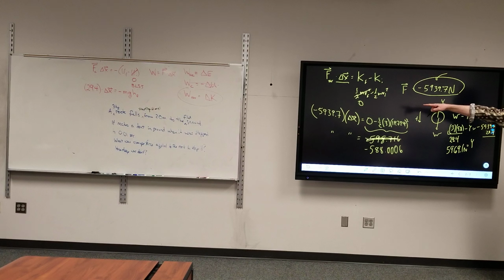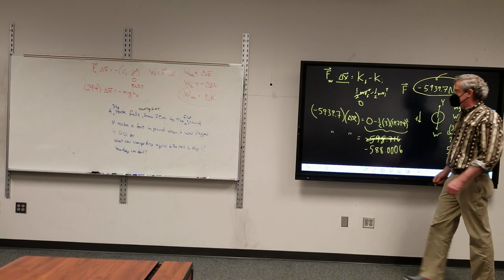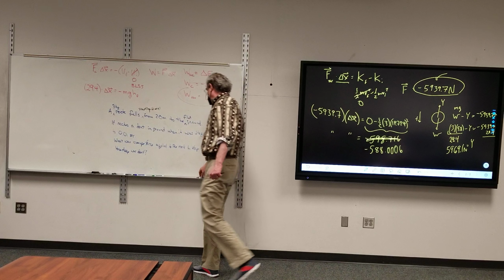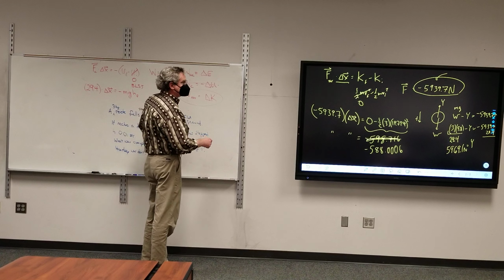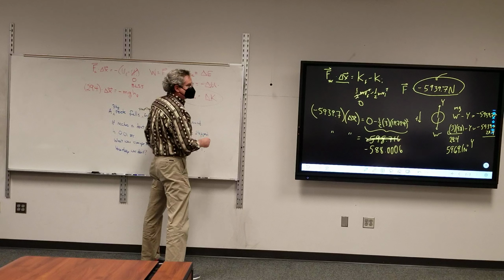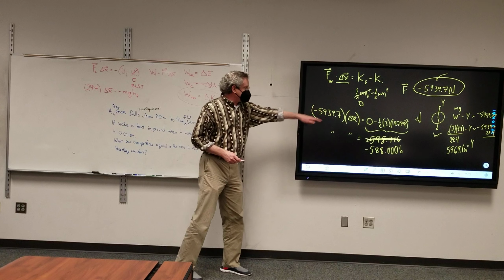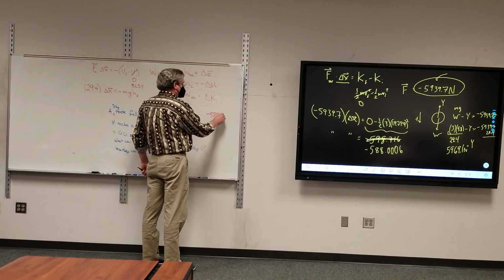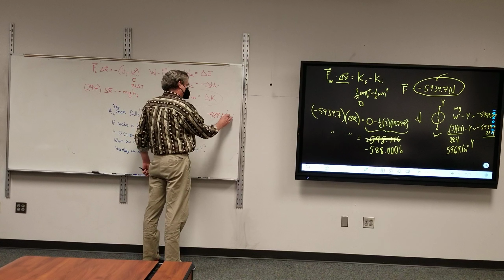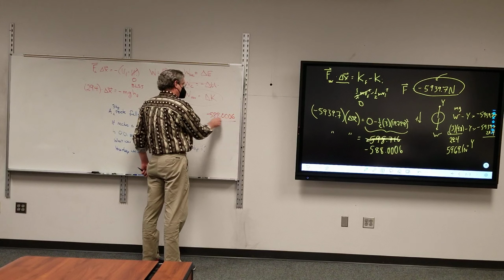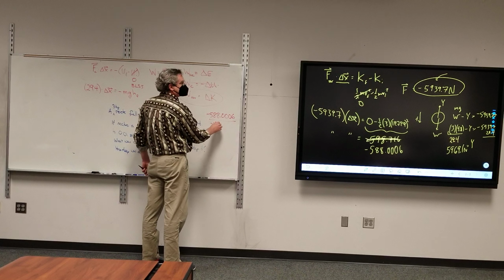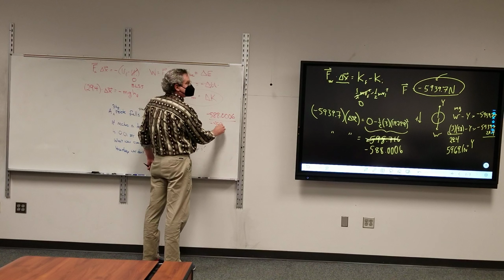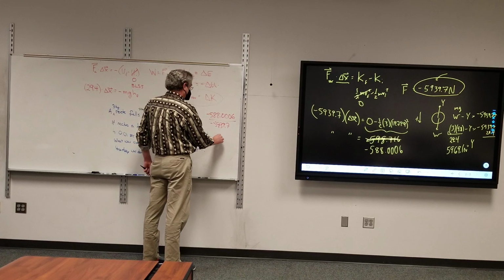And that's equal to my 5,939.7 times the size of the hole. Therefore, we divide both sides by that to get my delta x by itself, so I got 588.0006 divided by negative 5,939.7.